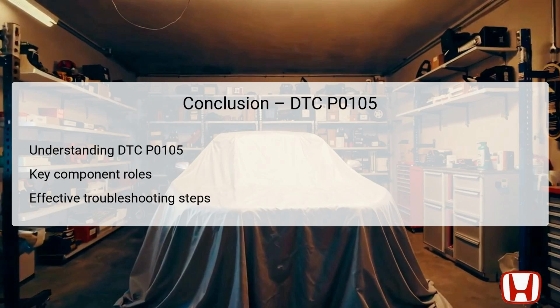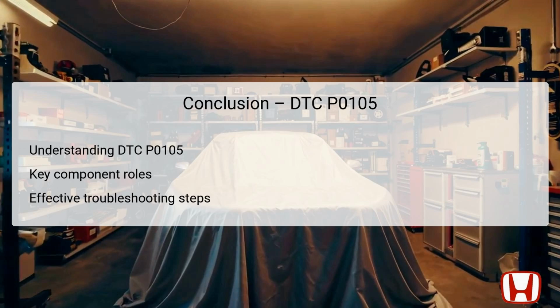In conclusion, DTC P0105, indicating a MAP sensor out of range, is a significant issue for Honda Civic vehicles from 2016 to 2021. Understanding the role of the MAP sensor and its impact on engine performance is crucial for effective diagnosis.